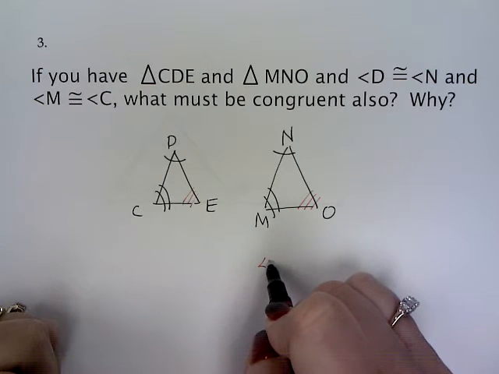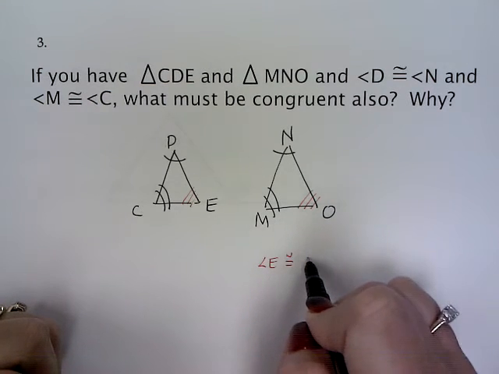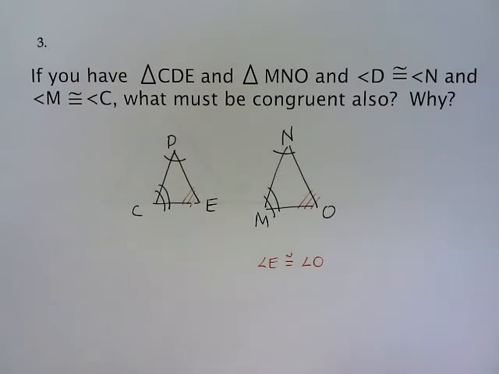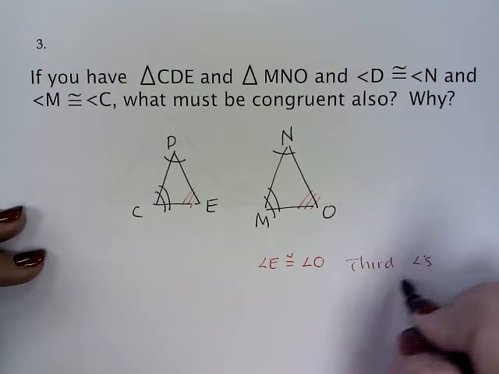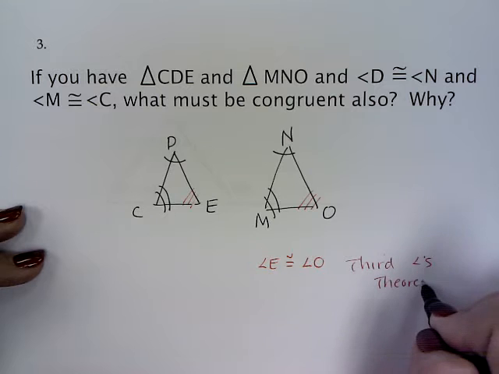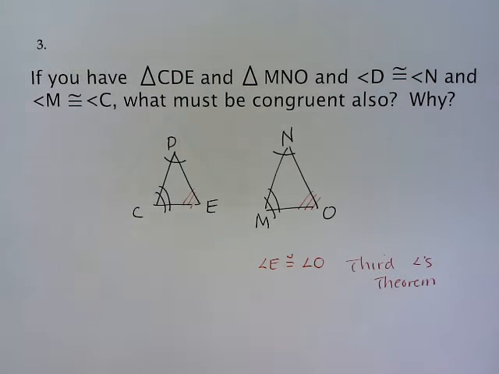So we know that angle E is congruent to angle O. And again, the reason why is the third angles theorem, which tells us that the third angle of the triangle must be congruent if the other two are congruent as well.